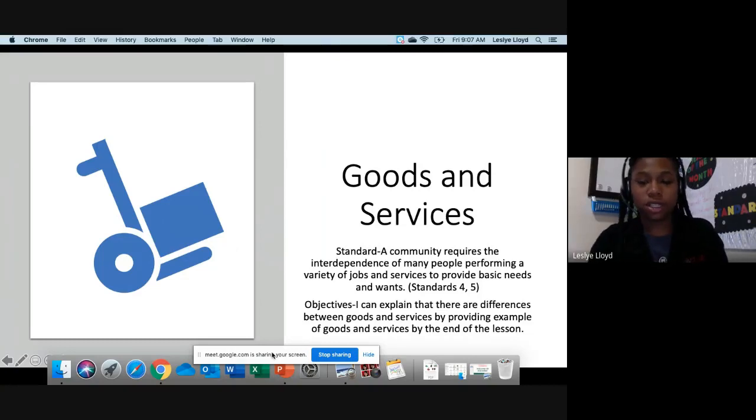Our standard states a community requires the interdependence of many people performing a variety of jobs and services to provide basic needs and wants. Our objective for this week states that I can explain that there are differences between goods and services by providing examples of goods and services by the end of this lesson. So let's get started.